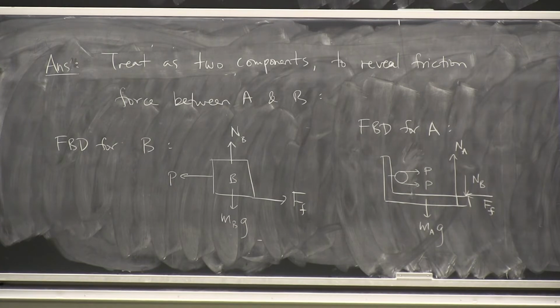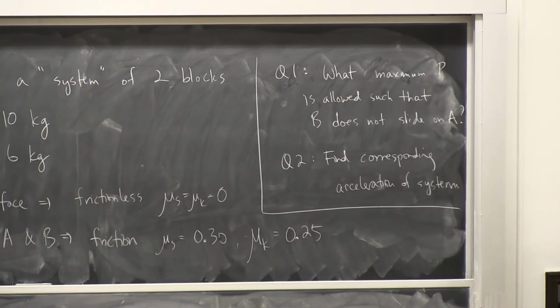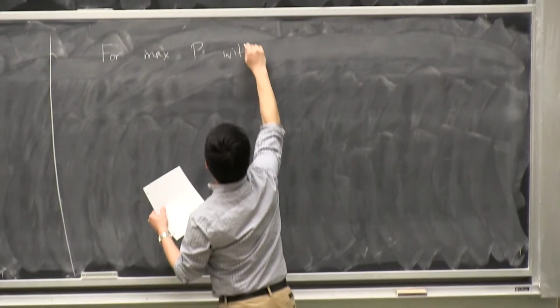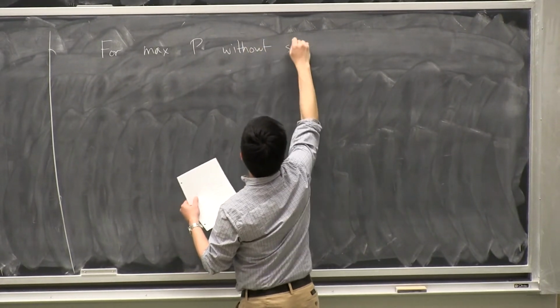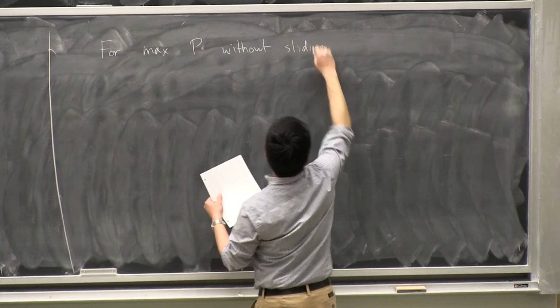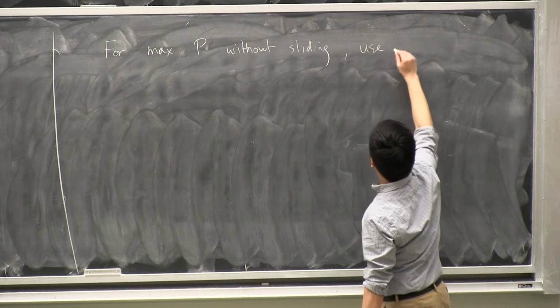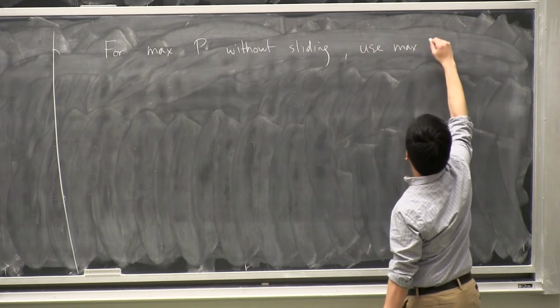Okay, so if all that makes sense, then our next clue is this. We are looking in question 1 for max P. So for max P without sliding between A and B, use max static friction.